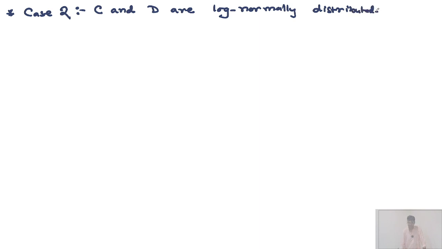Again, additional slides you are supposed to read. What is a log normal distribution? You need to study it, but even if you don't know, the name itself is sufficient to tell. Exponential of a Gaussian distribution is a log normal distribution. So suppose A is a Gaussian distribution, then exponential of A will be a log normally distributed variable.